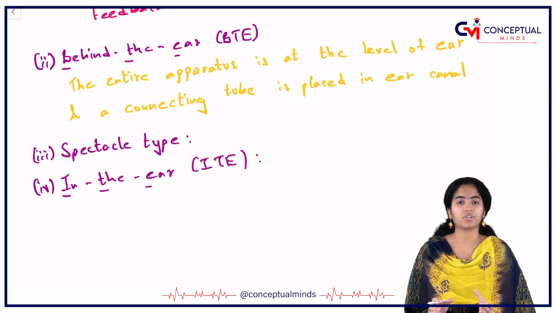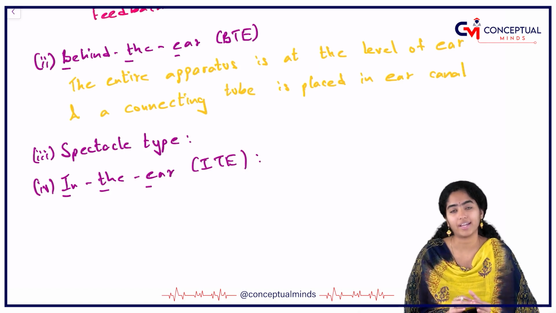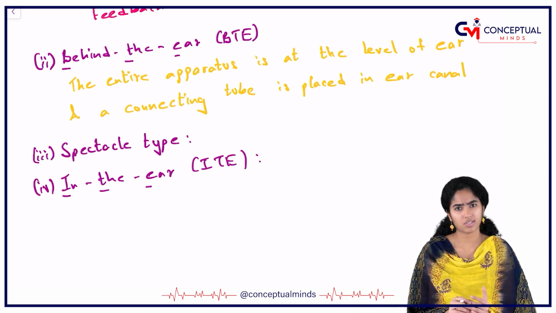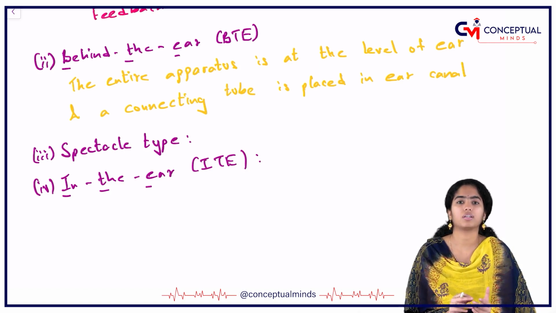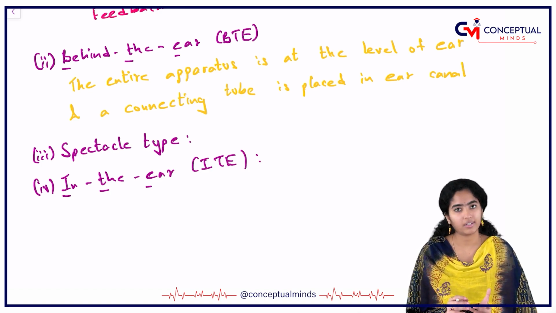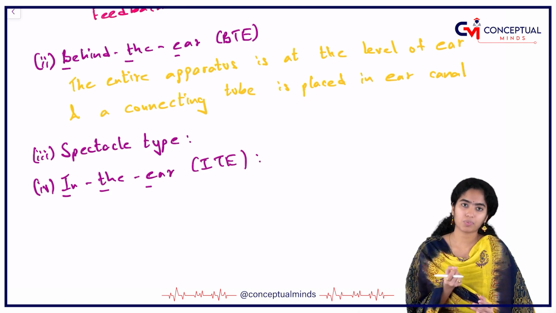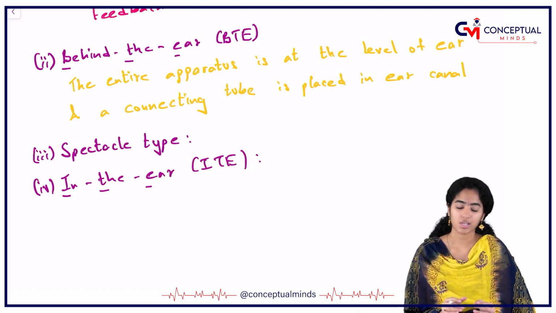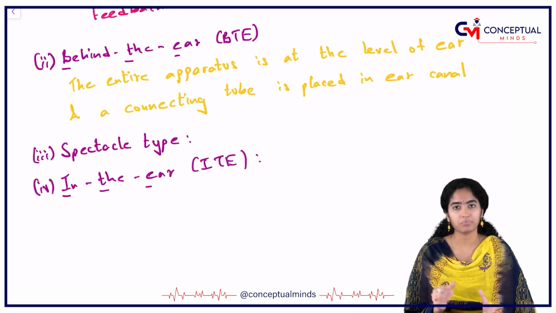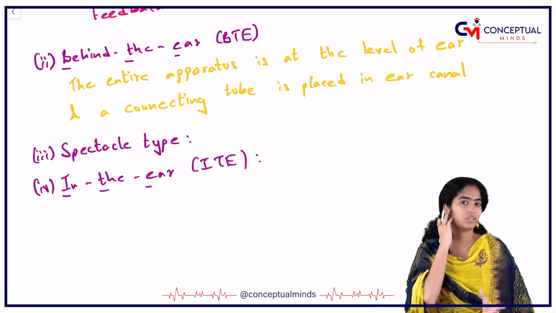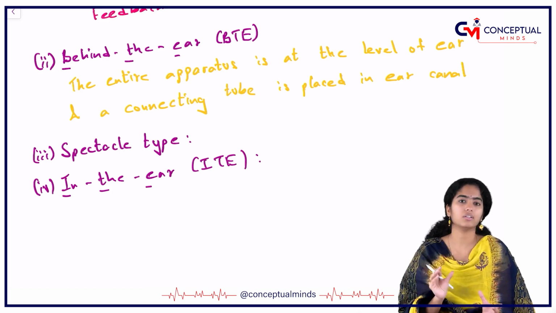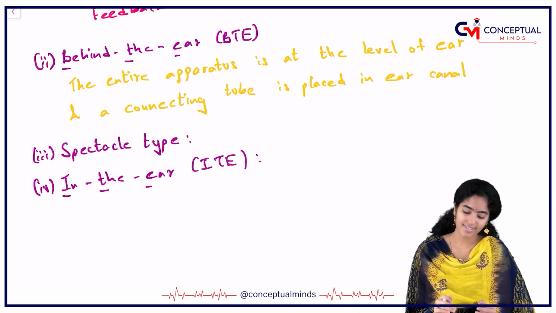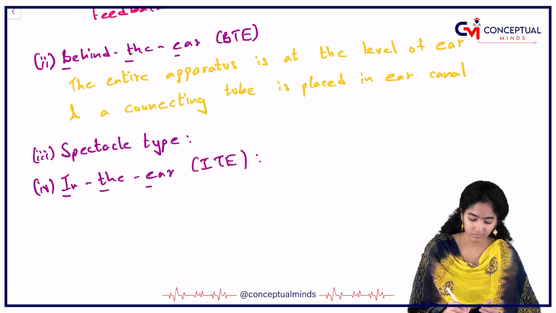But it's actually difficult to convince patients to wear hearing aids. There is some hesitation and inhibition, and most patients will not be very happy to wear hearing aids. So the more cosmetically appealing it is, the higher the chances of compliance. So in the ear type, the entire device is going into the ear. You can just see a small part in the concha. Okay, so that is in the ear type.